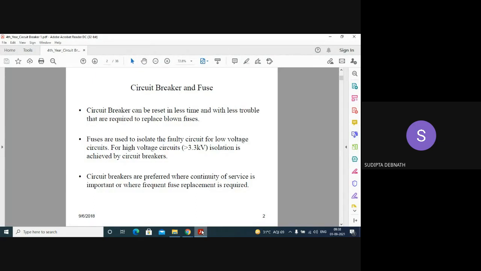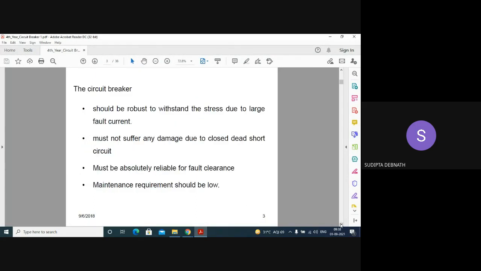Now circuit breaker should be robust to withstand the stress due to large fault current. It must not suffer any damage due to closed dead short circuit. When there is fault, the circuit breaker contacts are separated, okay, so that there is interruption of current.